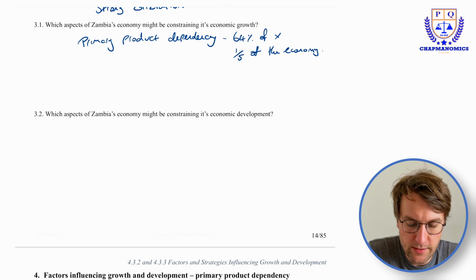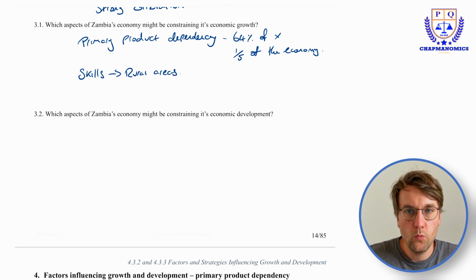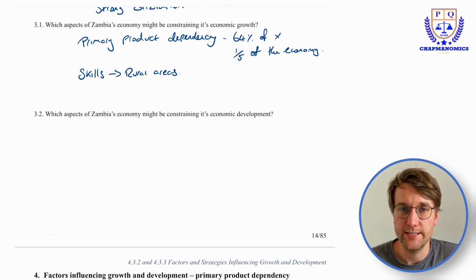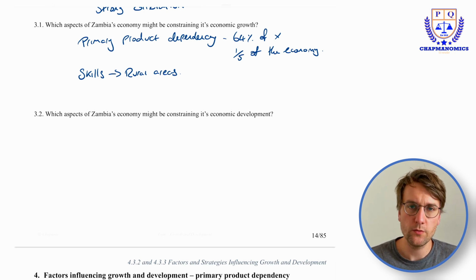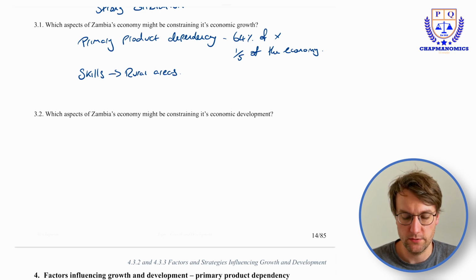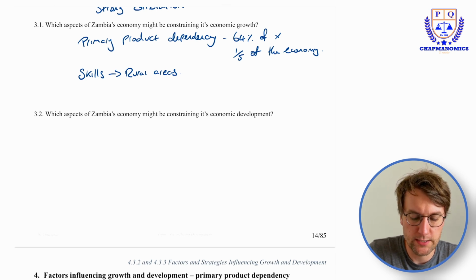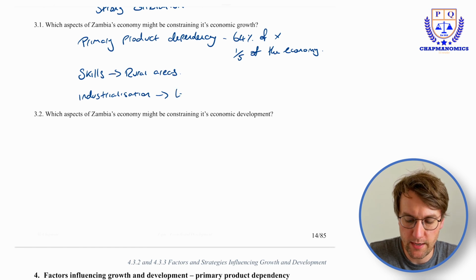Then maybe another thing that's preventing it from growing too much is the skills in the economy, particularly in rural areas, where there's lots of people who are in poverty, and therefore they're likely to not have a very high education level. And so maybe there's some constraints going on there with our skills in rural areas. And the final one, I think, is industrialization. I think there's a big issue here with a lack of secondary industry.